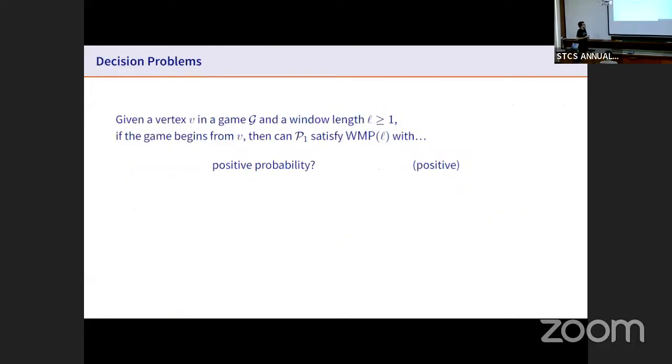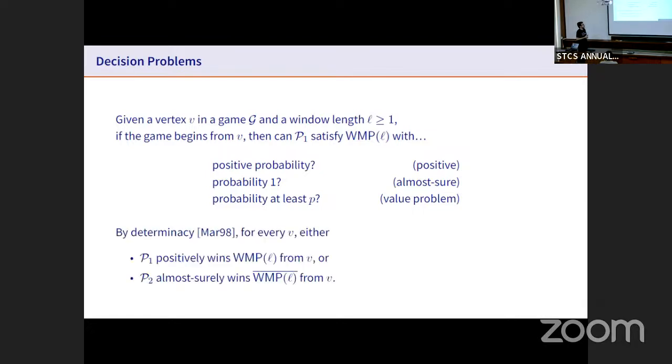Okay. And then other problems that we can look at are: can player 1 satisfy the objective with probability 1? We'll call this the almost sure decision problem. And the general problem is, can player 1 satisfy this objective with probability at least p? So one useful theorem is determinacy, which says this.